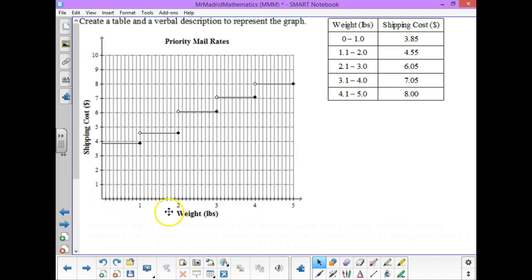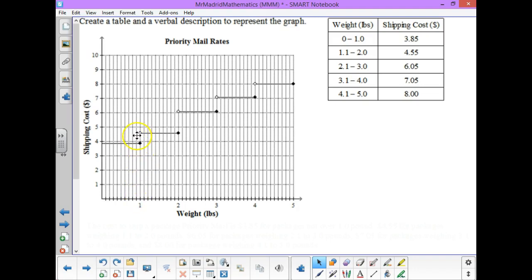From the weight of 0 to 1 pound, I should say all numbers between 0 and 1, we have $3.85 as the cost for this priority mail shipping service.